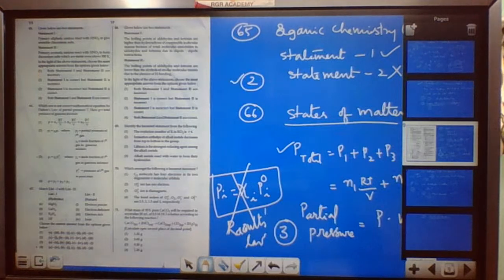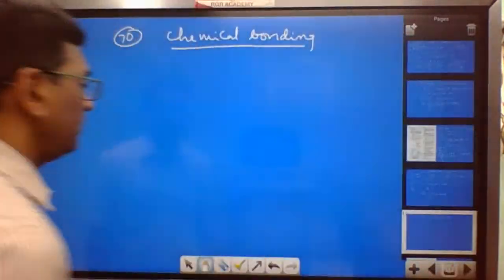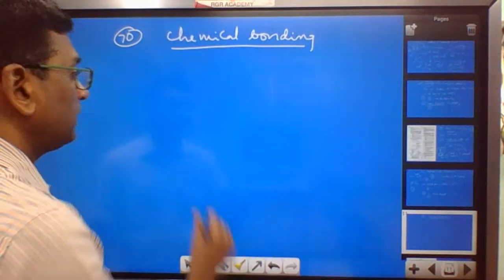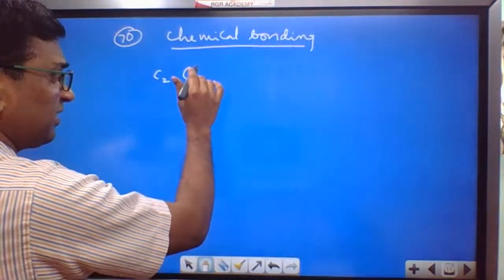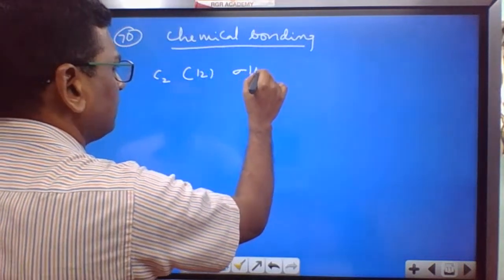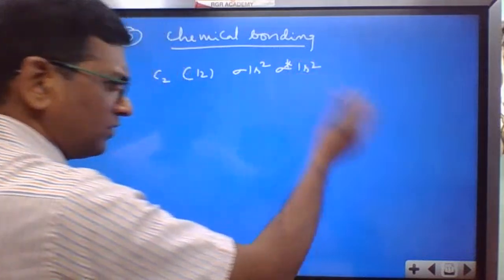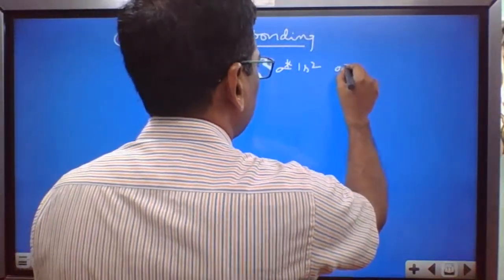C2 molecule has 4 electrons in its 2 degenerate pi molecular orbitals. Degenerate means same energy. C2 has 12 electrons. Sigma 1s2, sigma star 1s2. This is the order of filling of electrons in bonding and antibonding orbitals.